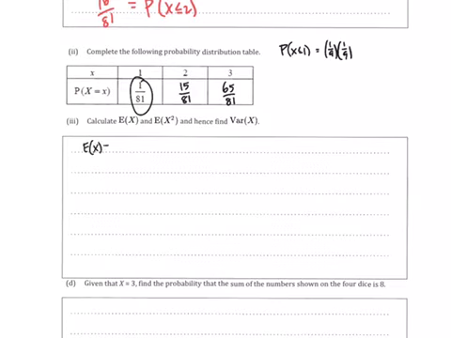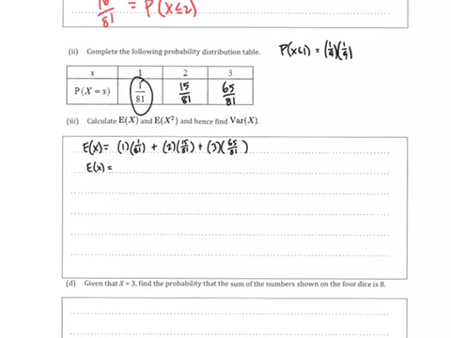Got a little happy there. The expected value of X is going to be each of the X values, so 1 and 2 and 3 times each of their respective probabilities, so 1/81, 15/81, and 65/81.